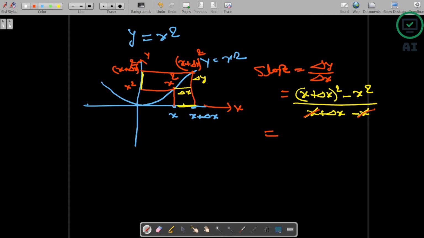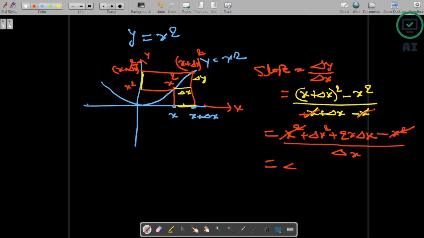So a plus b whole square: this is x square plus delta x square plus 2x delta x minus x square. And what do we get here? This is delta x, since x cancels, because this is minus x, this is plus x. Here also this x square and x square would be cancelled. So what did we get finally?